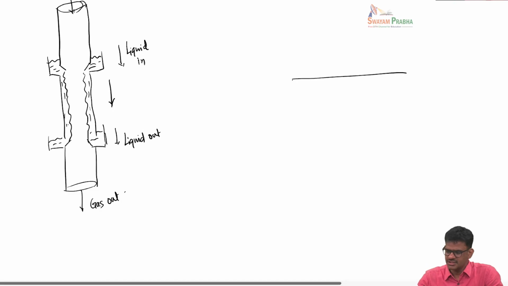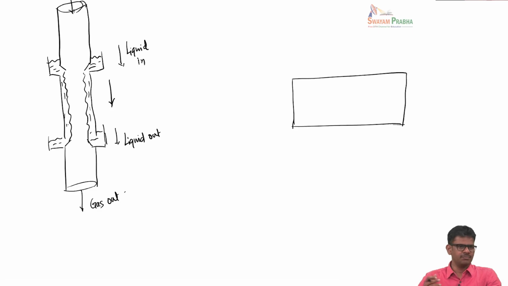That is not of interest right now; that comes later. For the purpose of the mass balance, imagine that this mass transfer equipment is shown as a rectangle. It can be a wetted wall column, a packed column, a bubble cap tray, whatever it is. That is not important right now.